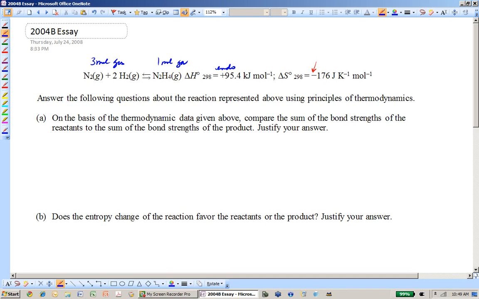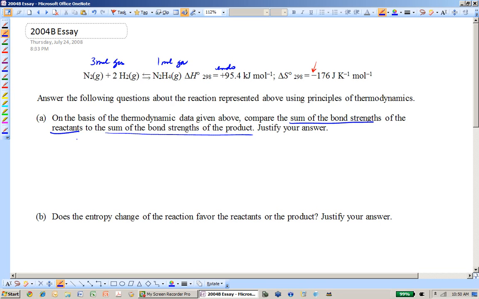All right, I'll answer the following questions. On the basis of thermodynamic data given above, compare the sum of the bond strengths of the reactants to the sum of the bond strengths of the products. Well, again, enthalpy can be deduced from bond energies. Delta H is equal to the sum of the products minus the sum of the reactants when we're given heats of reactions.